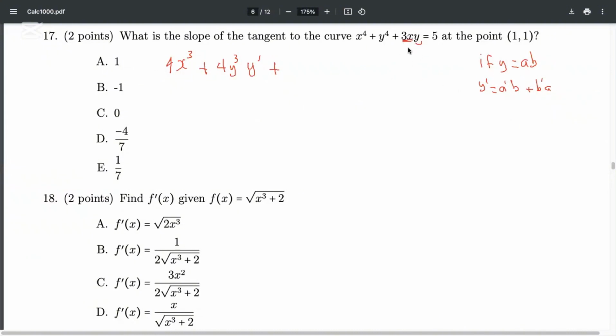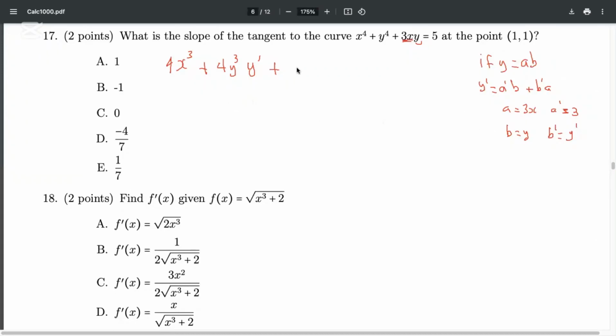If a is 3x, then a prime would be 3. And if b equals y, then b prime would be the derivative of y, which is 1 times dy/dx, which is just dy/dx, or we could just write y prime.